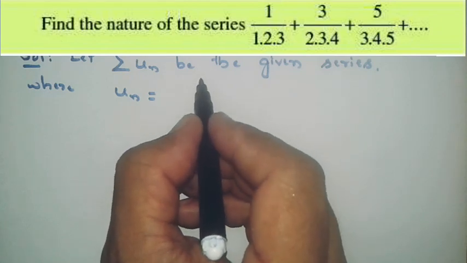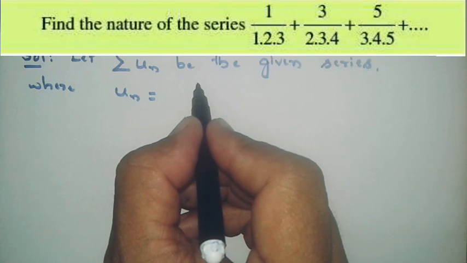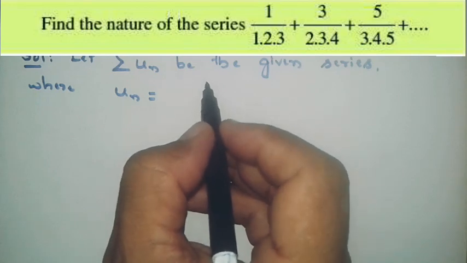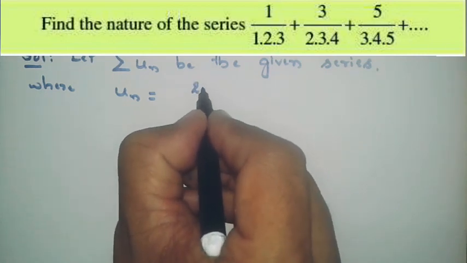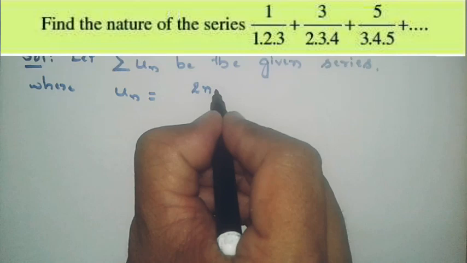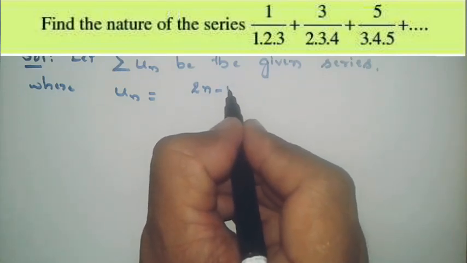Observe the numerator of each term: they are odd numbers. The first term numerator is 1, the numerator of the second term is 3, the numerator of the third term is 5, and so on. So the numerator is an odd number, and usually the odd number is represented as 2n minus 1 if it starts with 1.